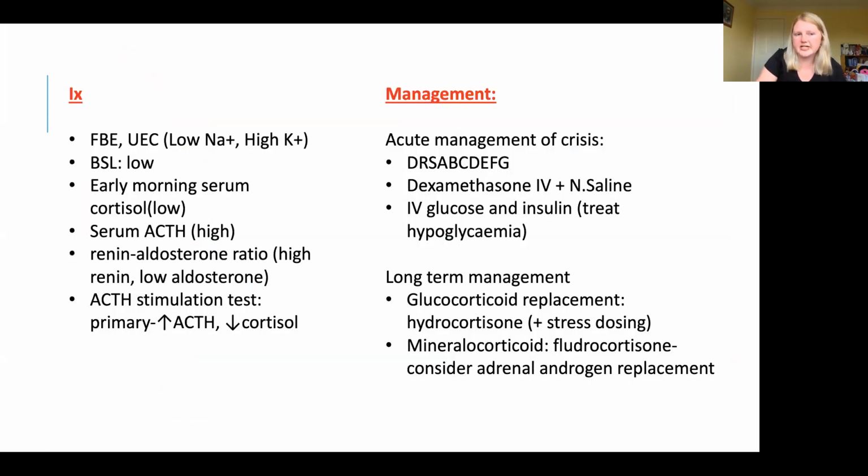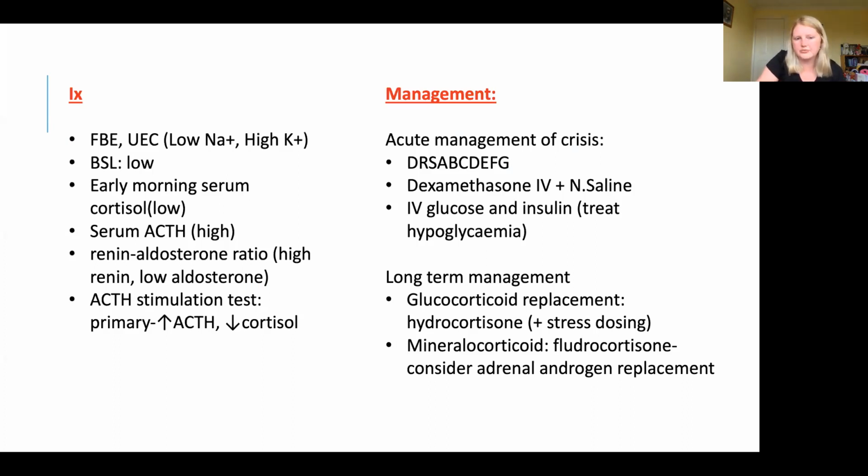In terms of investigations for this, we can look at the FBE and electrolytes. We can also look at the blood sugar level and the serum cortisol, as well as the serum ACTH. Obviously, these signs will correlate with the level of dysfunction. And in this case, you can see the results here.